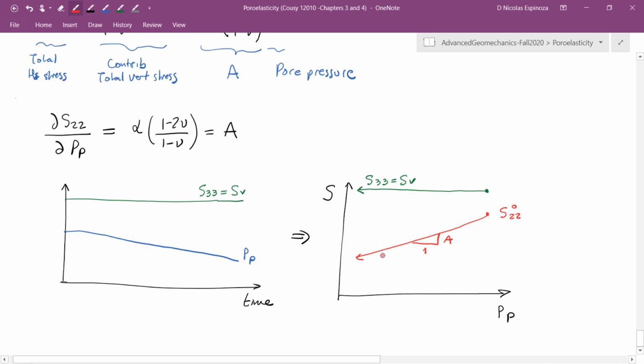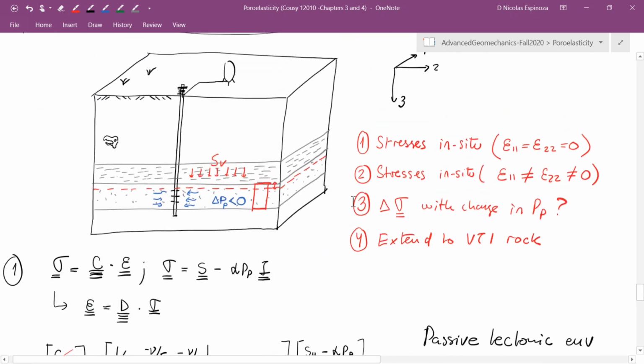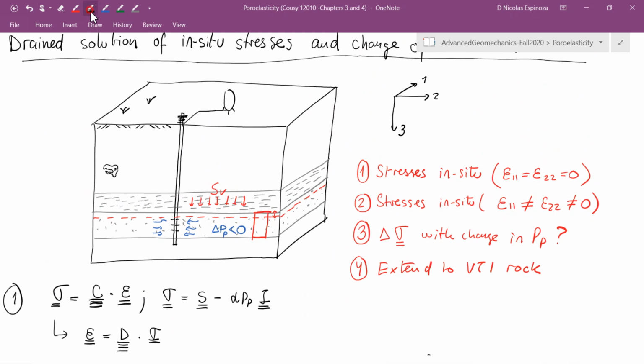And in practical applications, what that means is that, for example, if I were to drill a wellbore in another location, like for example over here, when I drill this wellbore, the fracture gradient or the horizontal stress that I'm going to face when going through this formation is going to be lower than what it was originally.